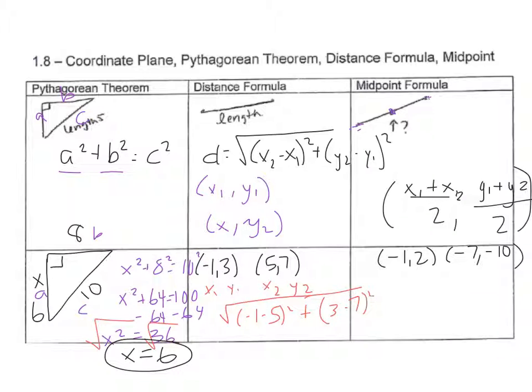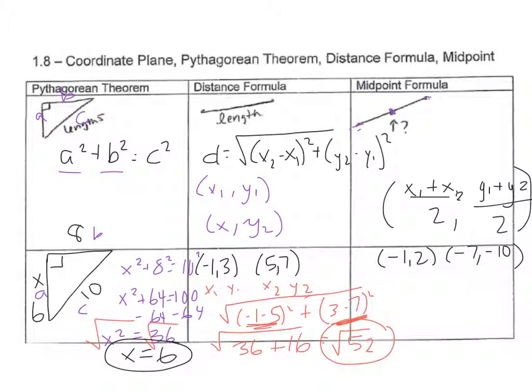You'll never get a negative distance. It will always be positive because you're squaring numbers. So it's -6 squared, which is 36. This is -4 squared, which is positive 16. So the answer is the positive square root of 52. You can also put it in your calculator and round.